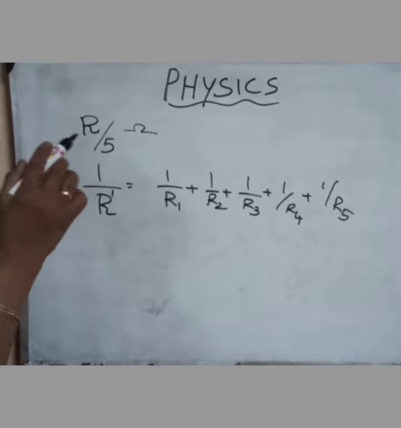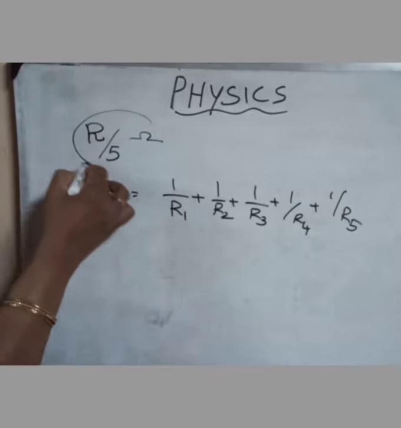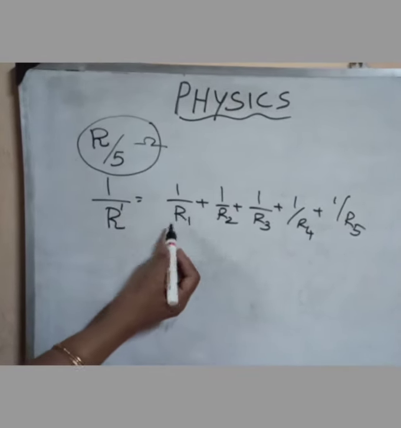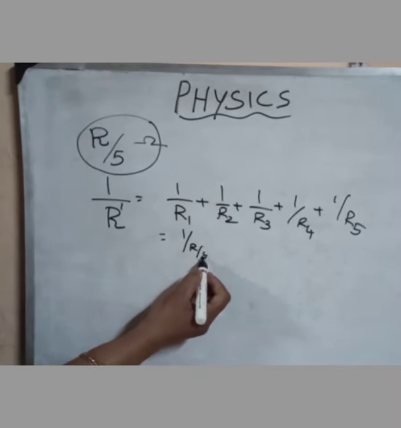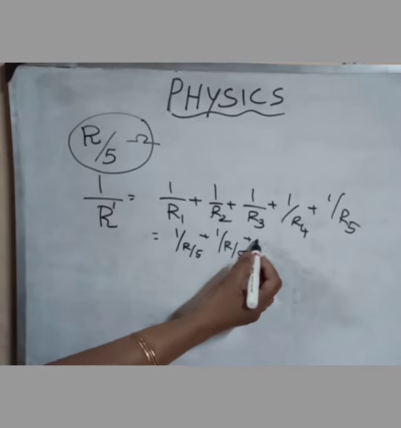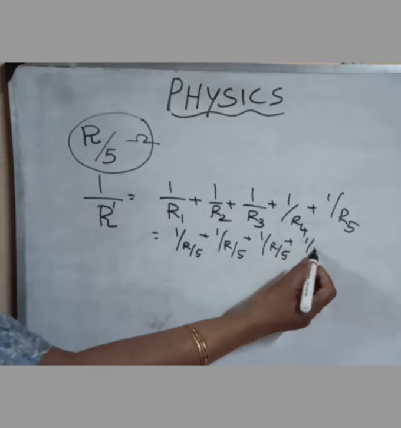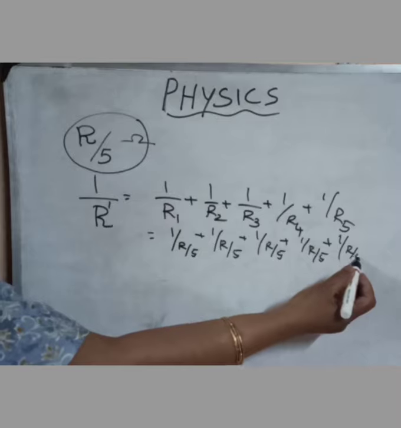So R1 equal to R2 equal to R3 equal to R4 equal to R5 is R by 5 ohm. Substitute here. So the formula changes to 1 by R by 5 plus 1 by R by 5 plus 1 by R by 5 plus 1 by R by 5 plus 1 by R by 5.